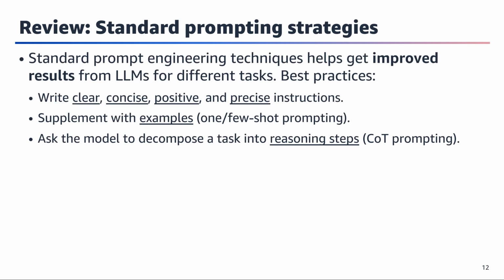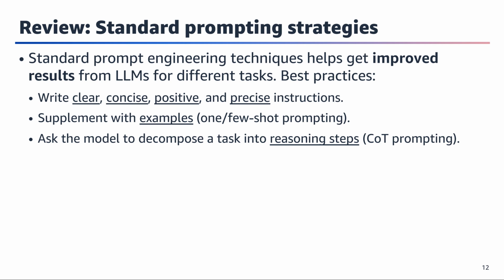Let's discuss some standard prompting strategies that can help improve the performance of large language models across different tasks. Writing clear, concise, positive, and precise instructions is crucial. Additionally, supplementing prompts with examples, either through one-shot prompting, providing a single example, or few-shot prompting, multiple examples, can effectively demonstrate the desired output format.